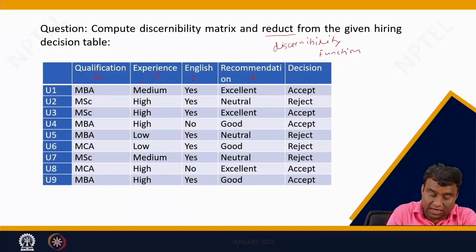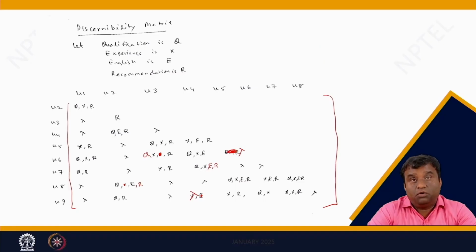So for the discernibility matrix, you know that the rows will be U2, U3, U4, U5, U6, U7, U8, U9. Columns will be U1, U2, U3 up to U8. Now we are going to calculate the discernibility matrix.